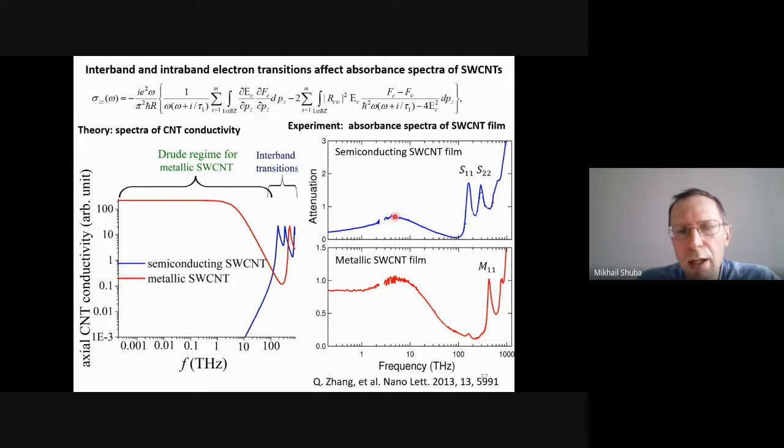So I would like to stress that the length of the tubes is about 1 micrometer, and the wavelength in the terahertz range is about 100 micrometers. So the wavelength of the electromagnetic wave is much larger than the size of the tube.